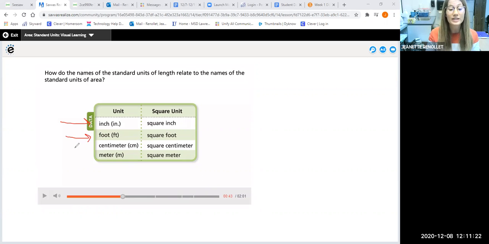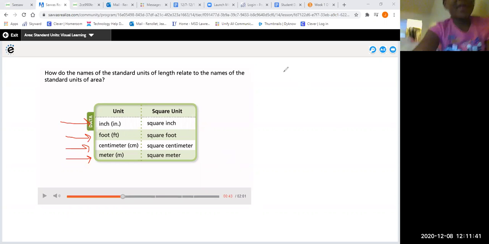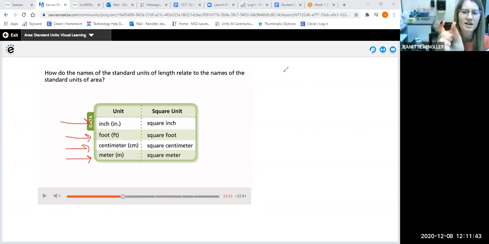We can measure using centimeters or meters. All of these are units of measure. A centimeter is one of the smaller ones. If you hold up your pinky, this is about the width of a centimeter, just your pinky. But an inch is about like this. So an inch is bigger than a centimeter.